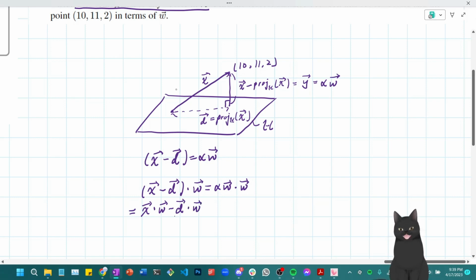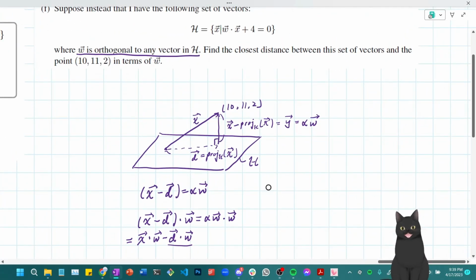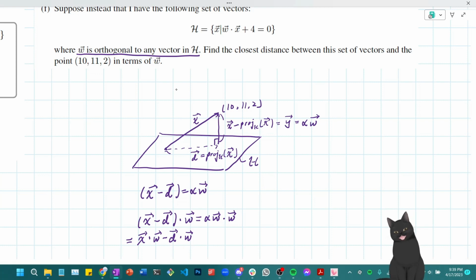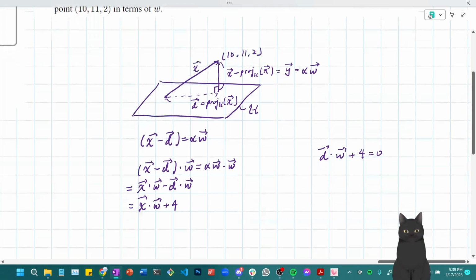So keep in mind that d dot w is, according to our definition of the set, since d belongs to the plane, d dot w plus 4 must be equal to 0. So d dot w is actually negative 4. So this is actually equal to x dot w plus 4. And we know that x is equal to (10, 11, 2), but we'll substitute that in later.